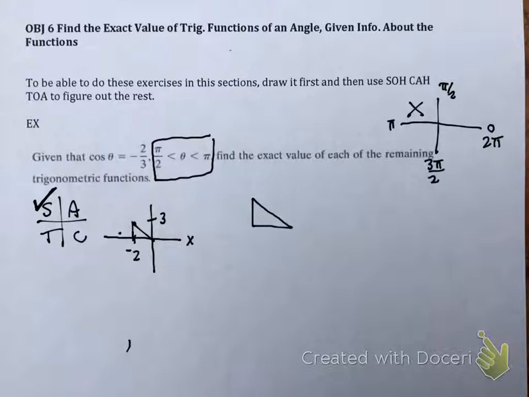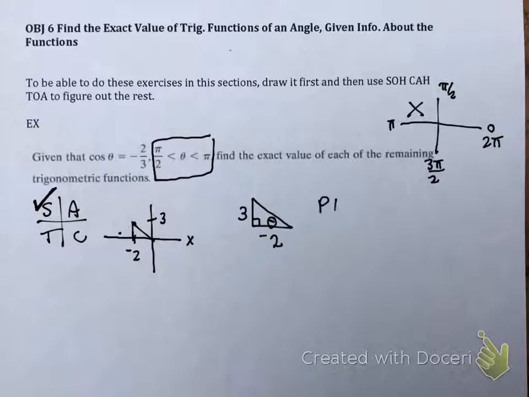Here's my angle. Remember, this is negative 2. The height is 3. I've got to find r. Normally I told you that length can never be negative, but in this case I'm letting it stay negative just so I can keep track of my signs of all the trig functions.